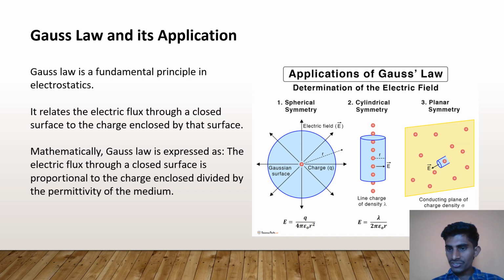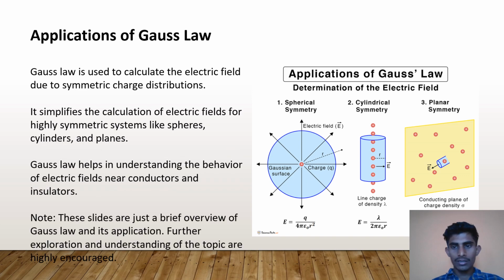Here we have the applications of Gauss's law. The first is the determination of the electric field. Gauss's law is used to calculate the electric field due to symmetric charge distributions, such as cylindrical symmetry and planar symmetry. This simplifies the calculation of electric fields for highly symmetric systems like spheres, cylinders, and planes.